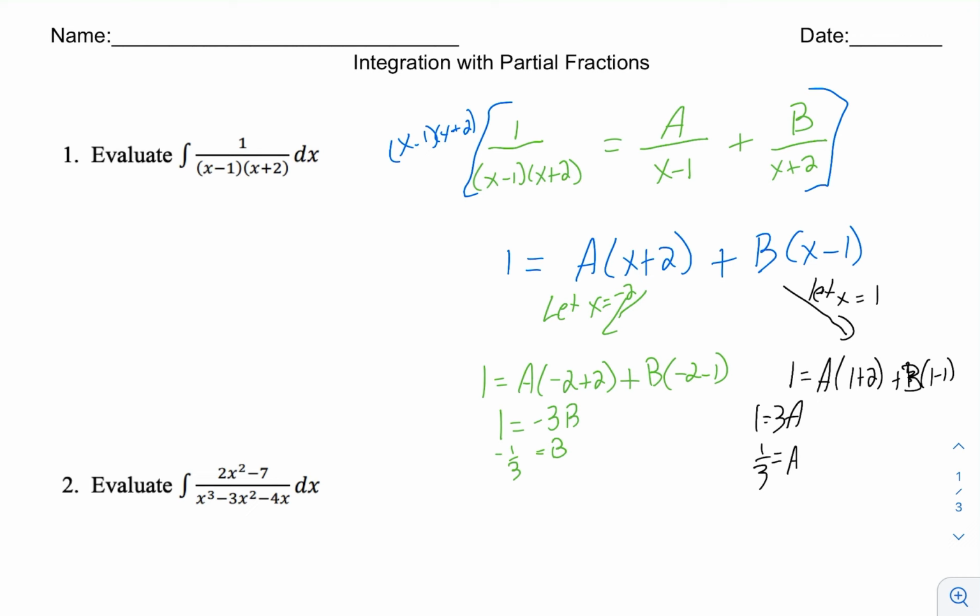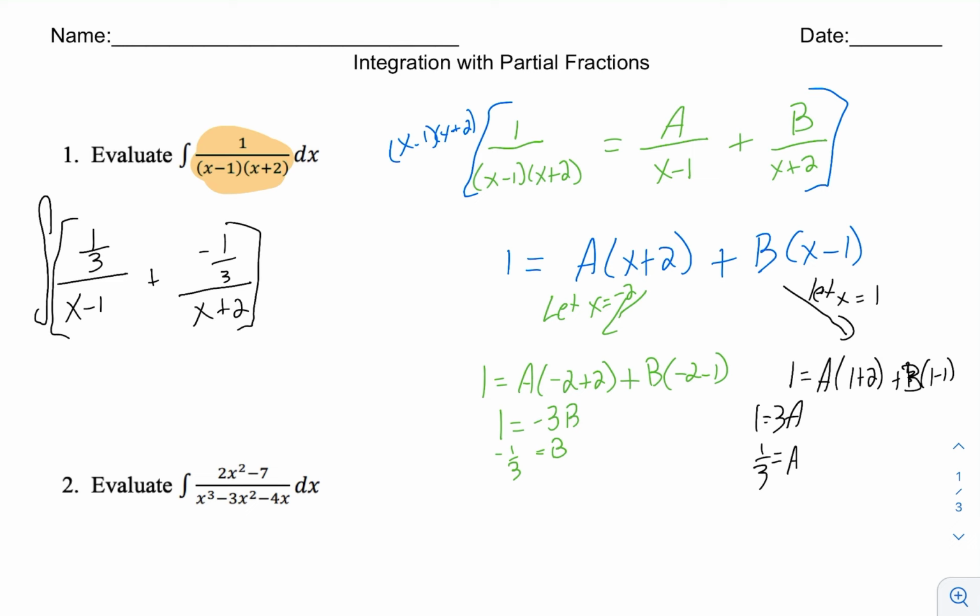Now, what that means is the equivalent form of this fraction, as two separated fractions, would be the integral of 1/3 over x minus 1 plus negative 1/3 over x plus 2. And what we would be doing is integrating this whole term.